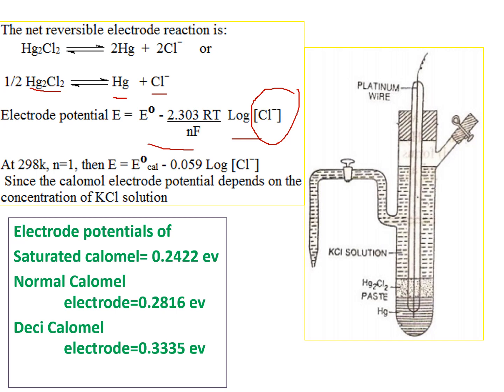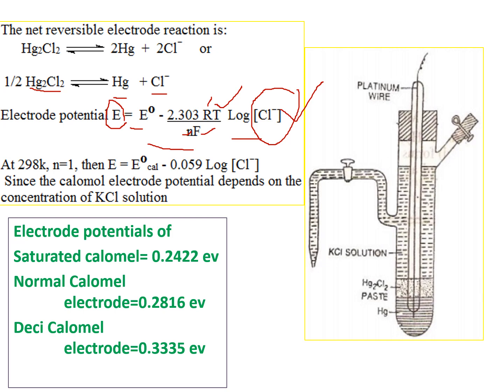So these all are constant values. R is a constant, at constant temperature T, F is Faraday's constant, and the number of electrons transferred is 1, it is also constant. E naught is also constant. Only E varies with the concentration of Cl minus ions.